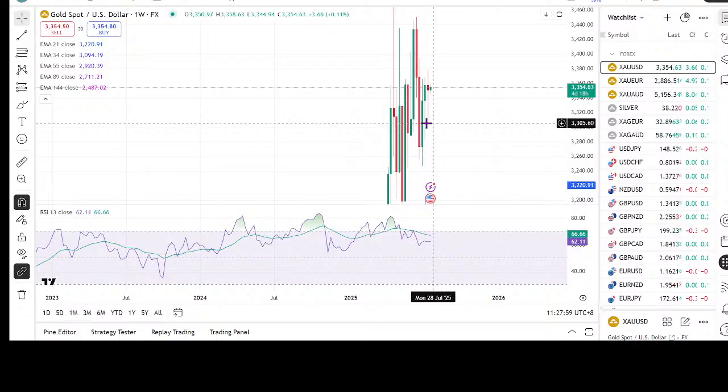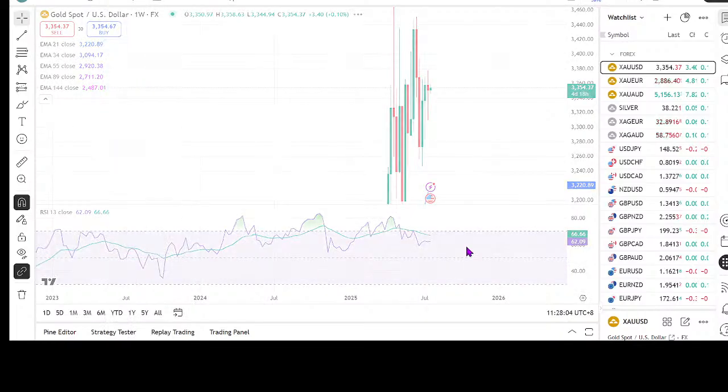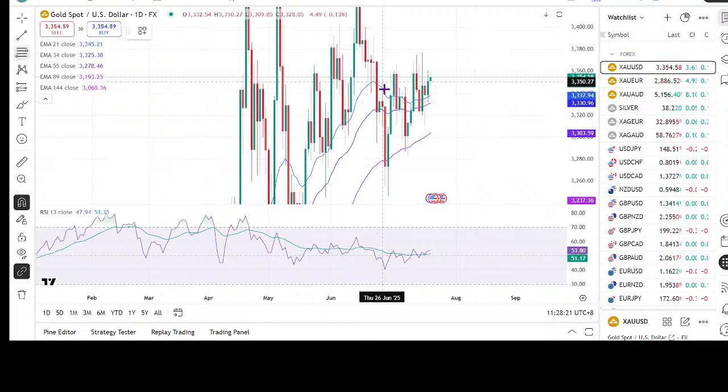So let's see the daily, then we might get a clue on the weekly low. So just now, remember I told you I'm looking at the weekly low to be 3325. So when we look into the daily, we got a clue.